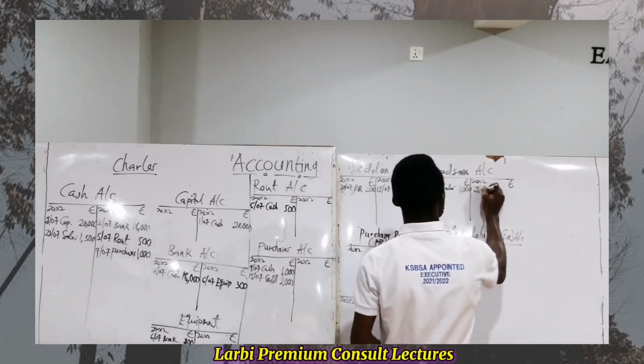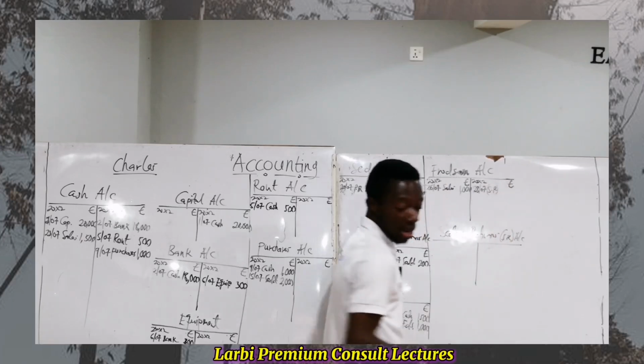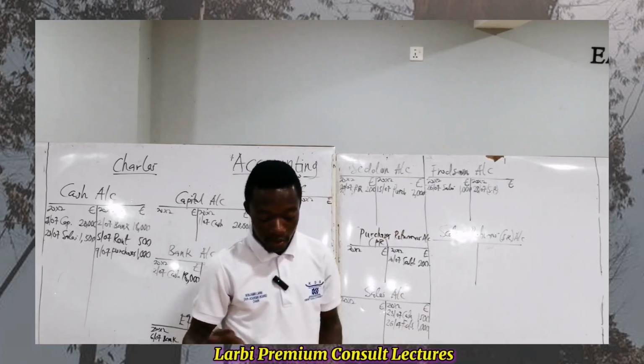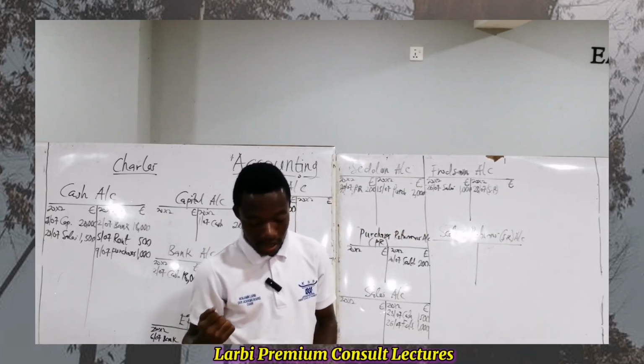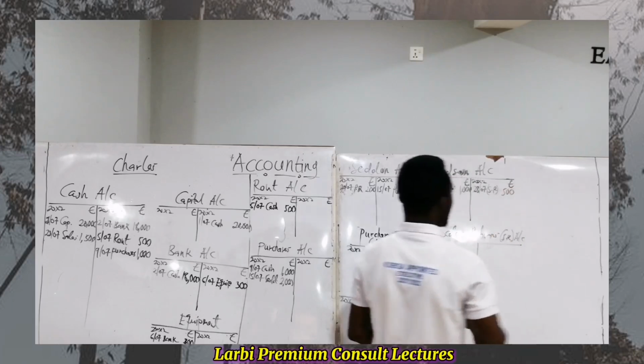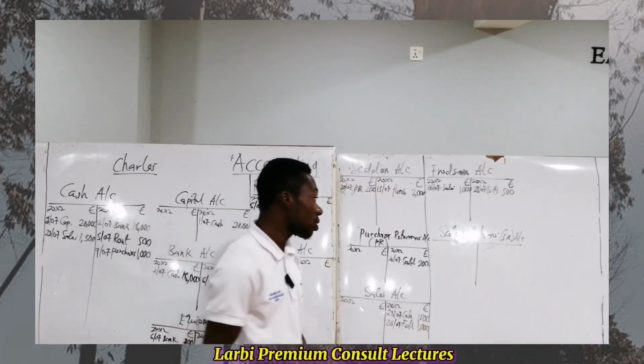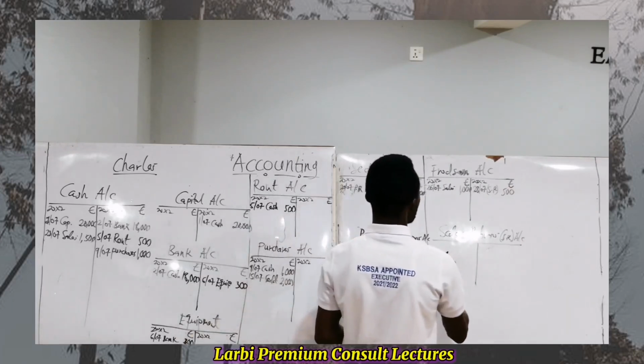So we have 28th of 7. Let me shorten it. Sales returns. What was the figure involved? We're told that the figure involved was 500 euros. So we record 500 euros here, right? And then when it comes to sales returns, also called return invoice, we also record it at the debit side.